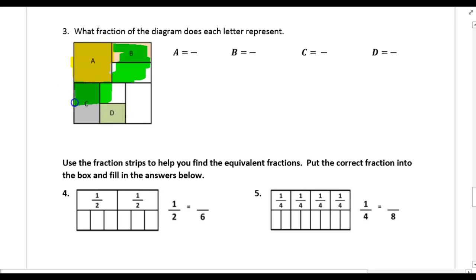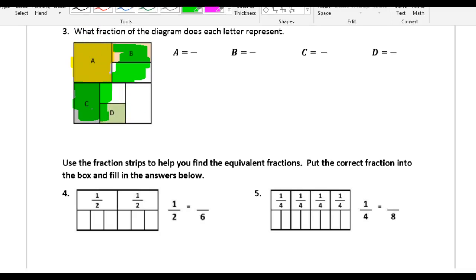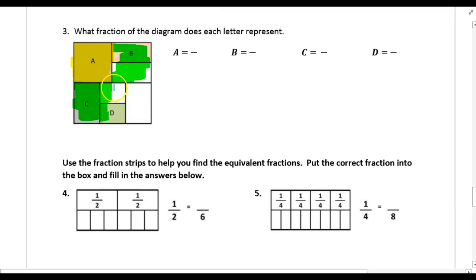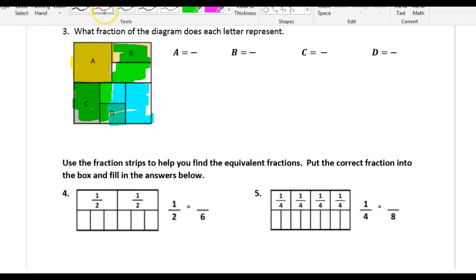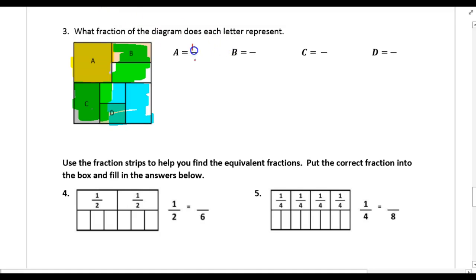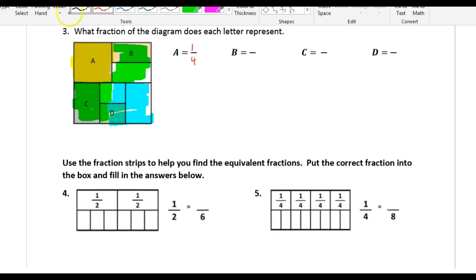I can put another one here, right, and then I could probably fit one more down here. So I can fit 4 of those A blocks in here. So A represents 1 out of the 4 I can create. Okay?